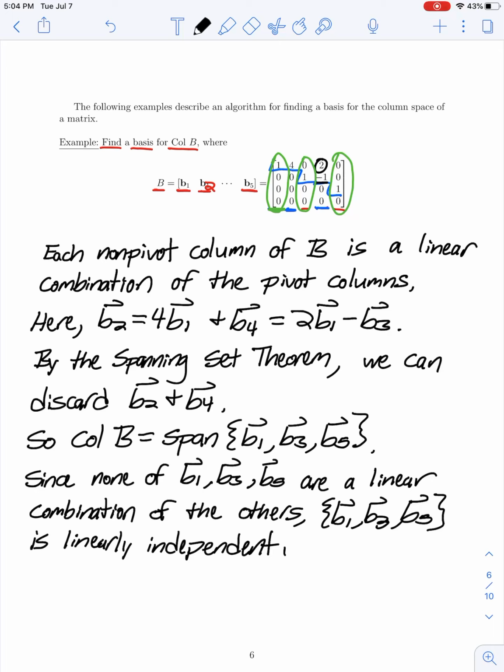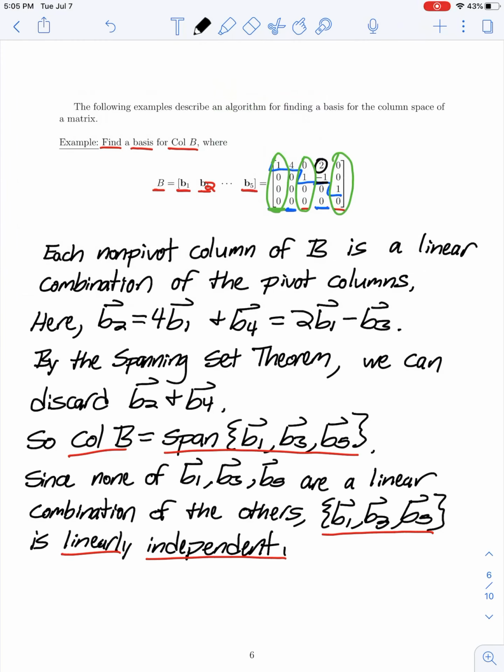So this set of vectors, B1, B3, B5, spans the column space of B by definition. And we've shown that this set of vectors is also linearly independent, because clearly no one of them is a multiple of the other 2, or a combination of the other 2.